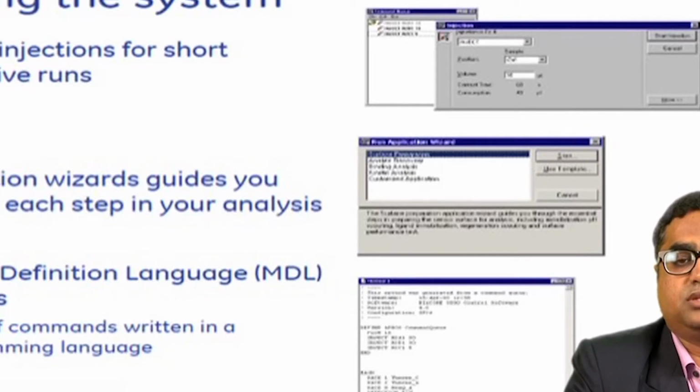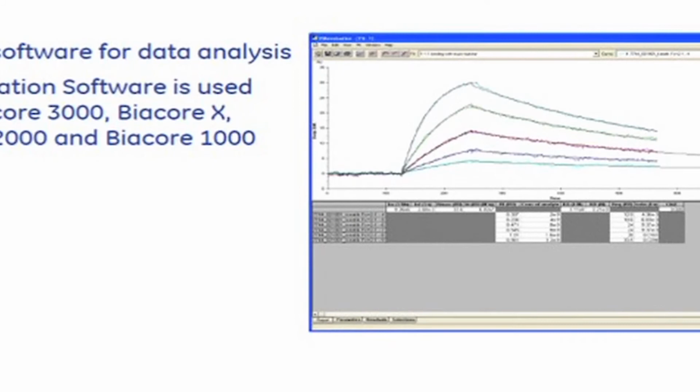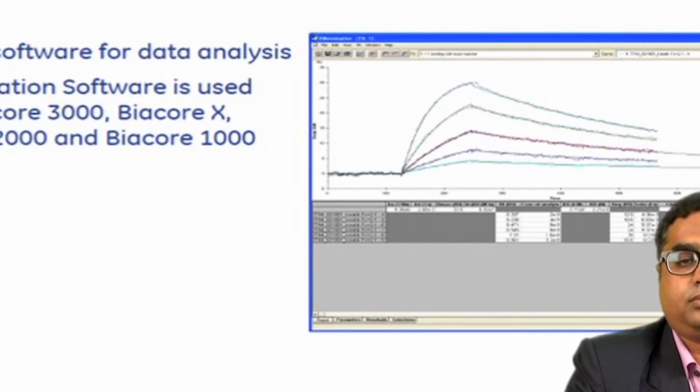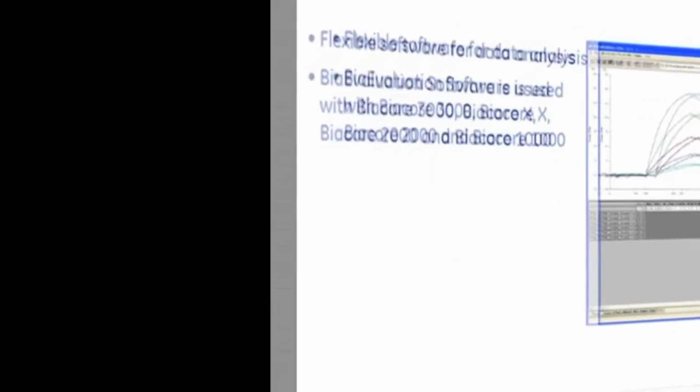There are application wizards where we can set up experiments very easily, or we could write our own method and record an experiment. Apart from that, there is also an evaluation software that evaluates the data, and that data evaluation happens by use of algorithms which fit the data and will give out a lot of other parameters for any kinetic event.